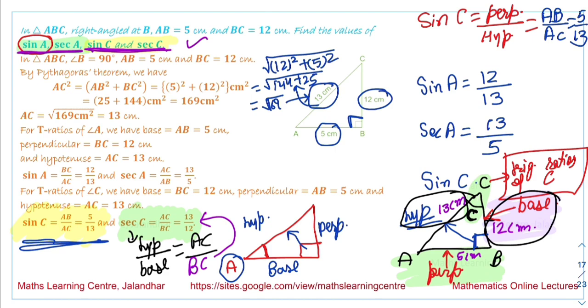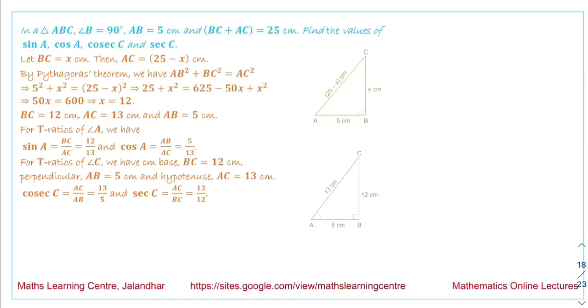Now next, in a triangle ABC, angle B is 90 degree and it is given that AB is 5 centimeter. Next it is given that BC plus AC is 25 centimeters. If this is 25, suppose this length BC is x, then this length AC will be 25 minus x.